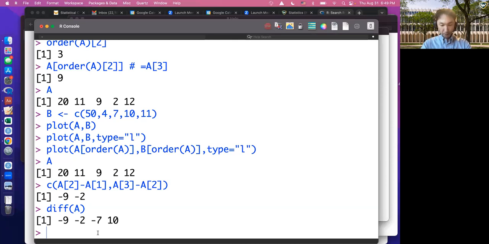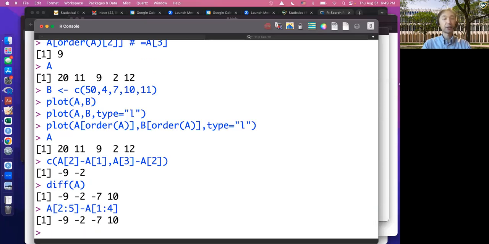Yeah, there are many other ways to do this. For example, maybe I prefer this notation more: second observation minus first, third observation minus second, and fourth observation minus third, and so on. So there are several ways, but diff of A sometimes helps.